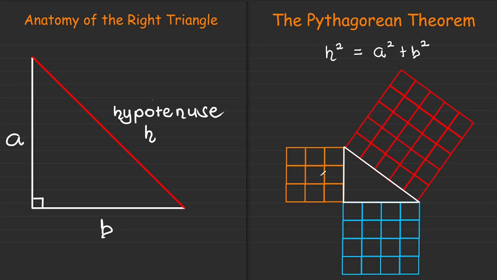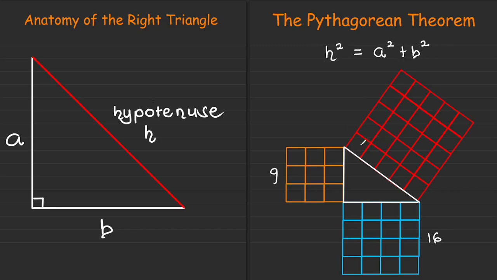In addition to that, let's add the number of squares we have here and here and see. Since it is a 3 by 3, we have 9 over here. Then since this side is a 4 by 4, 1, 2, 3, 4, and then by 1, 2, 3, 4, it's going to become 16. So all together, we are saying a squared plus b squared gives us the square of the hypotenuse.